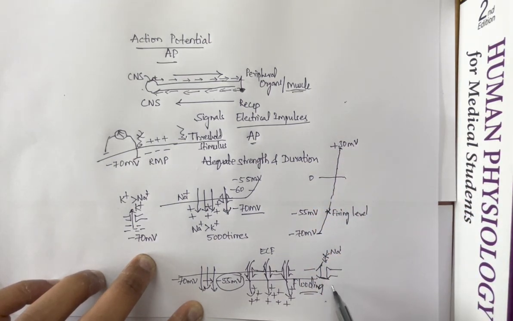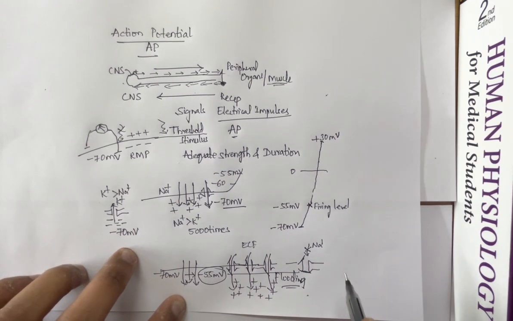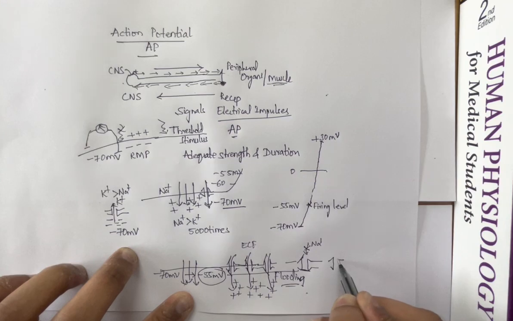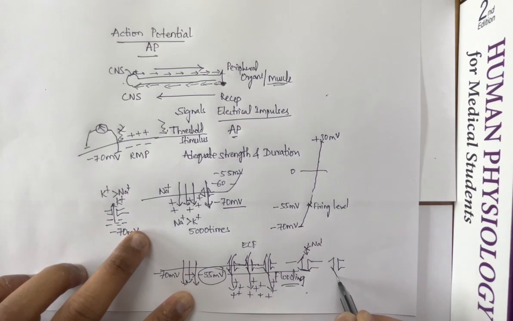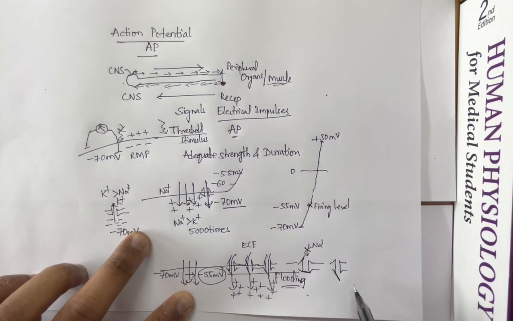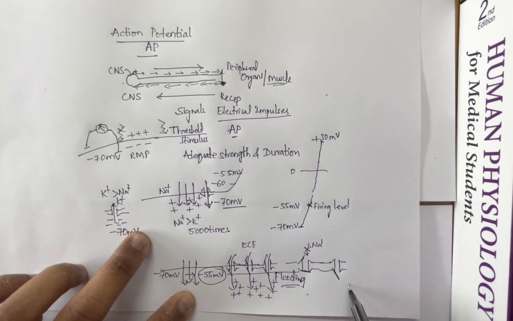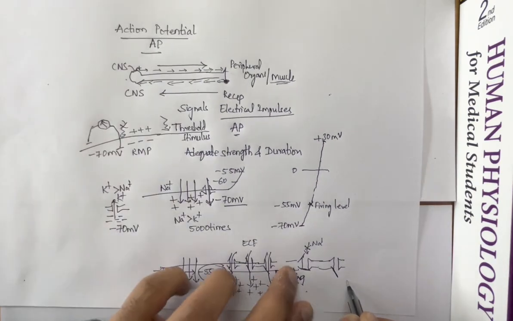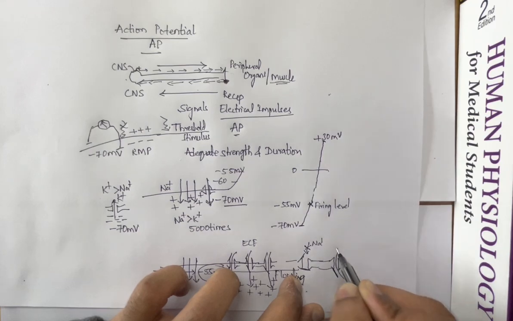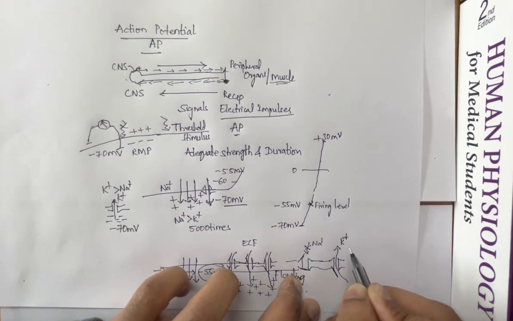Inactivation of voltage gated sodium ion channels happens, and at the same time there will be activation of voltage gated potassium channels. The voltage gated potassium channel gates open up, so that potassium can move out of the cell along the concentration gradient from the interior. We call it potassium efflux.